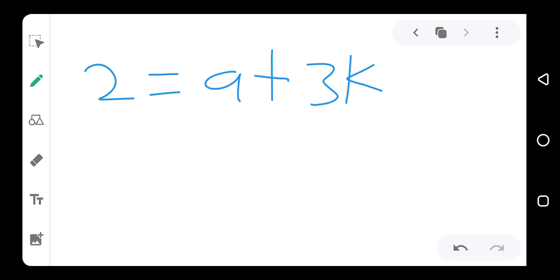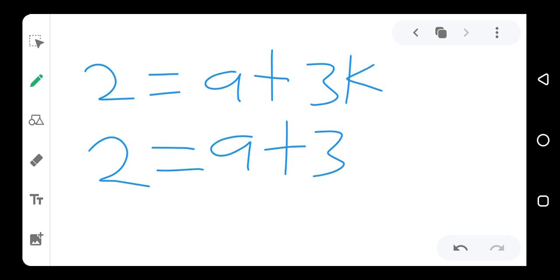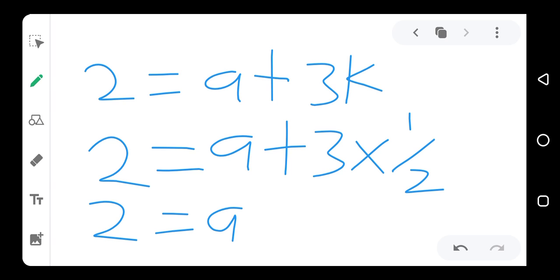Now we have that 2 is equal to, we still don't know a, we are looking for it, a plus 3 times k. Now the k is half, that is 1 over 2. So 2 is equal to a plus 3 times half.